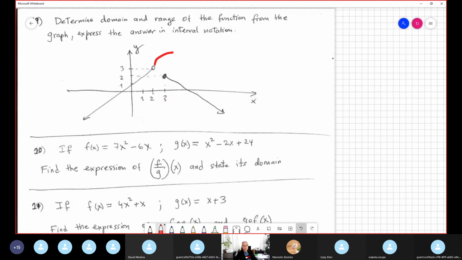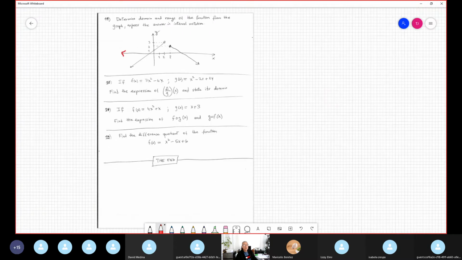Entonces es obvio, bueno, at least for me, that the domain is this interval from negative infinity. Stop here, and 2 no. And 3 yes, bracket, and continue forever in that direction.